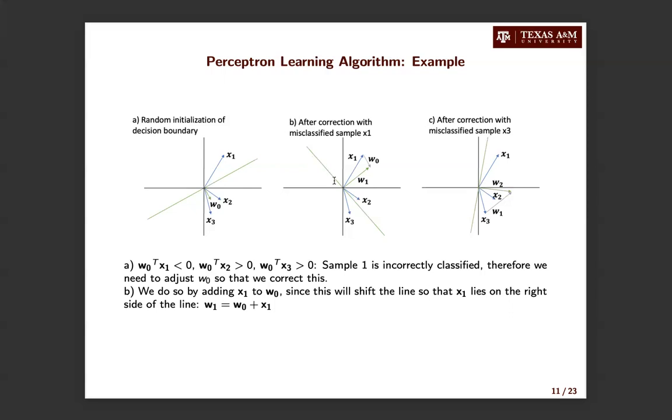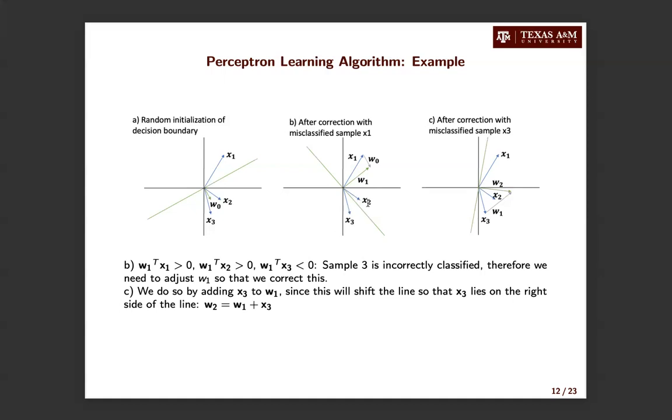Now, what we see is that this perpendicular green line can correctly classify samples x1 and x2, since samples x1 and x2 are on the right side of the line, but incorrectly classifies sample x3.